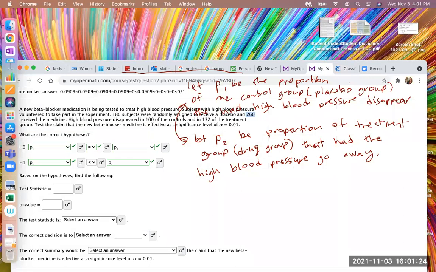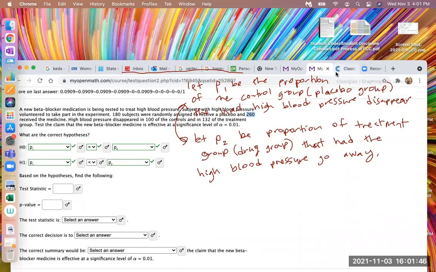And hopefully, when it says here 260 received the medicine, the people who are receiving the medicine are the treatment group. So when they say 132 of the treatment group, they mean 132 of the people who received the medicine. And the people who received a placebo, that's the control group. So just so you know that. Okay.